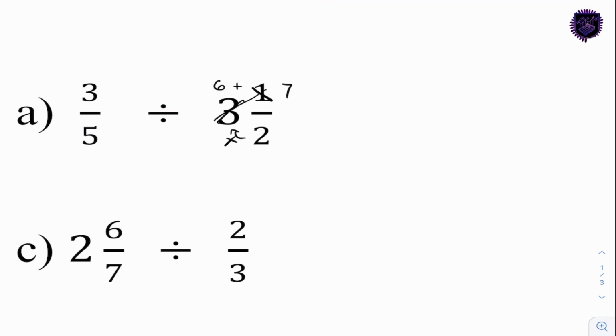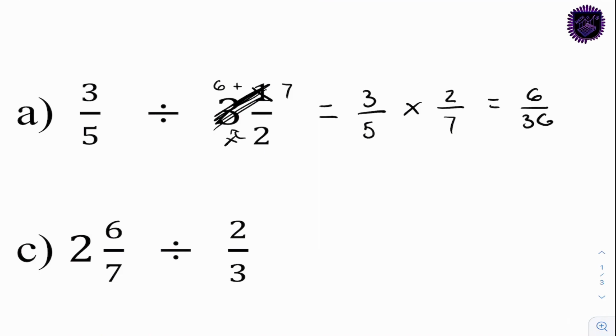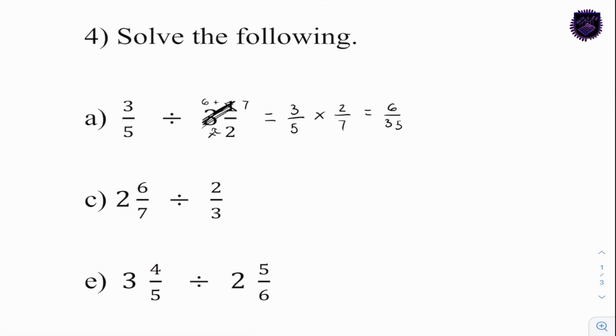So we have these two crossed out, and we have 7 over 2. And we'll flip it, and we'll rewrite this. So we'll go 3/5 multiplied by 2/7. Can we simplify there? Nope. 6/35.